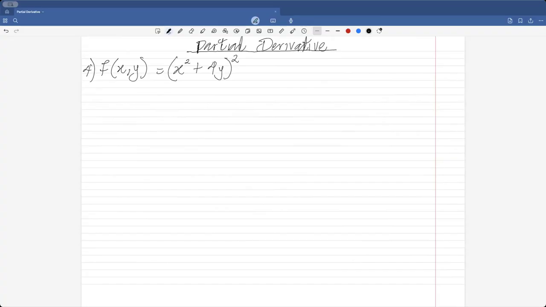So we are to differentiate this function using the chain rule. Let us differentiate it with respect to x first.